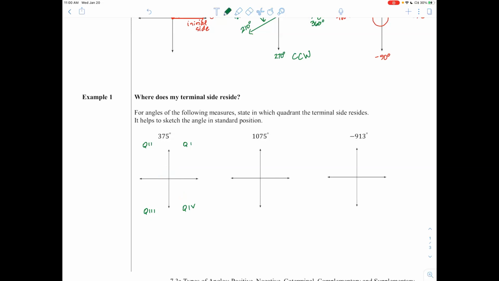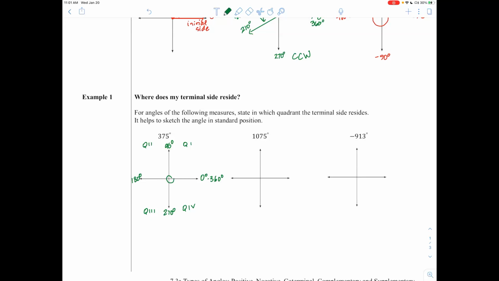This is 0 degrees, 90 degrees, 180 degrees, 270 degrees, all the way around to 360 degrees, and then beyond. Well, this is 375 degrees, so if I'm starting at 0 degrees, I'm going to make one full revolution, and that's 360 degrees.